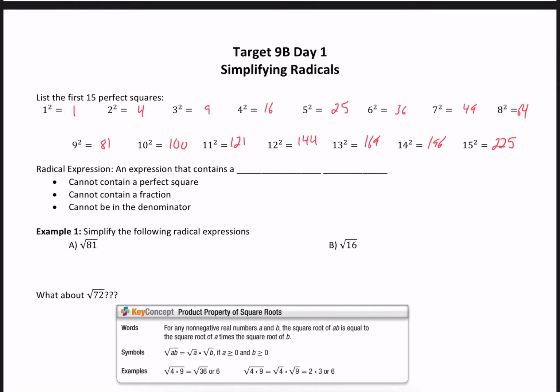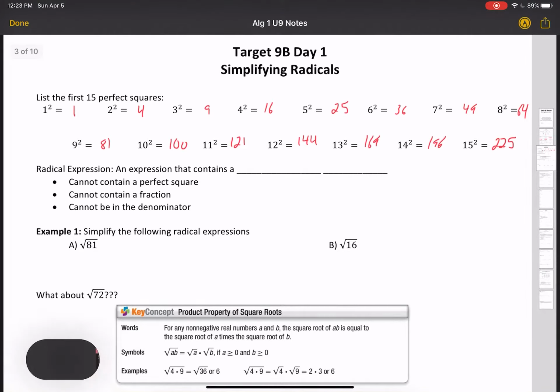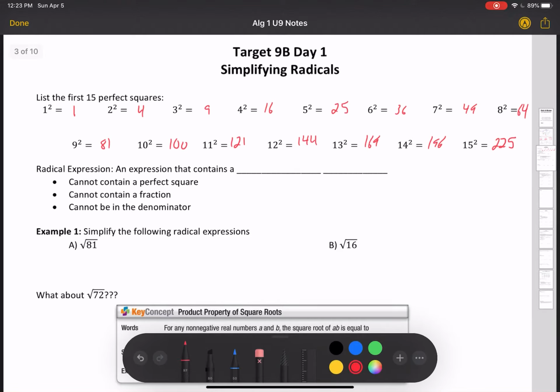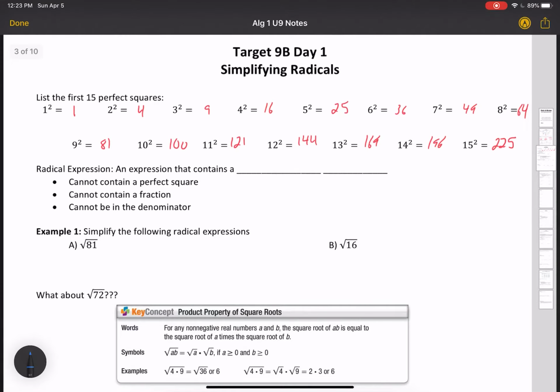Okay? So, a radical expression is just that, an expression that contains a radical. And for what we're talking about in this class, that's going to be square roots. So, a radical expression is an expression that contains a square root.